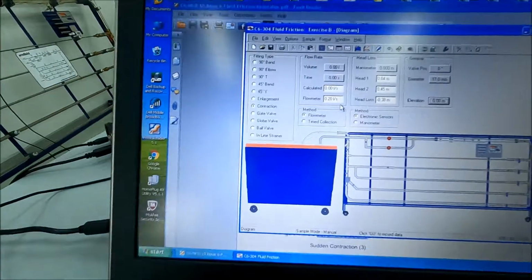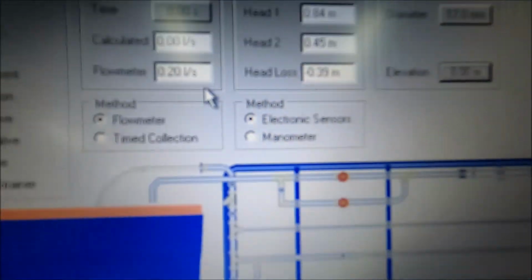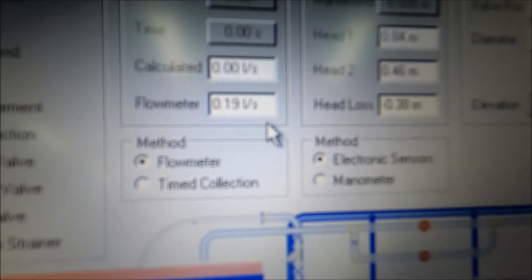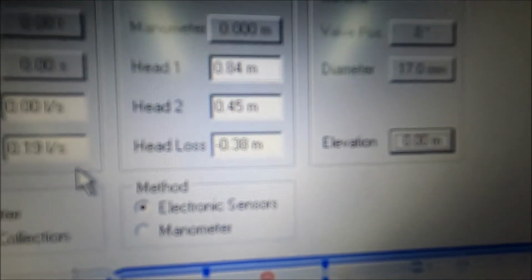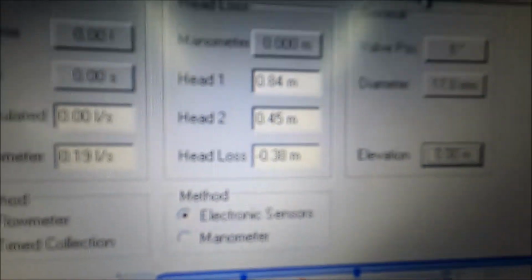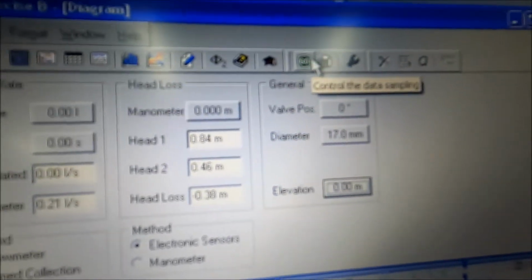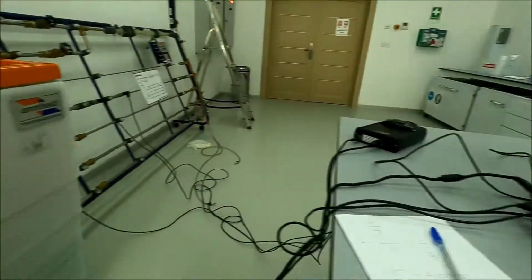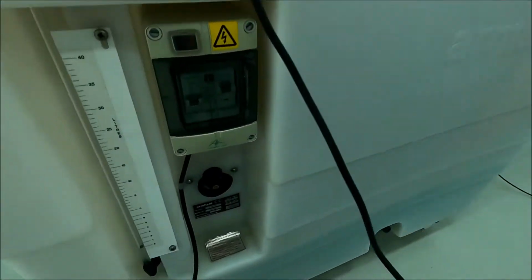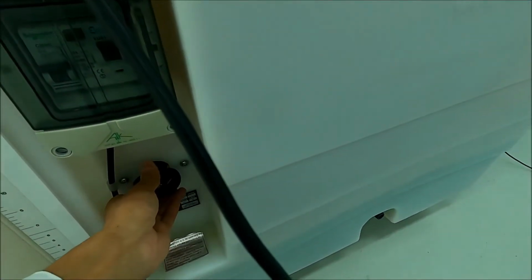Now our flow rate is 0.20 liters per second, and our heads are also changing. Let's increase again.